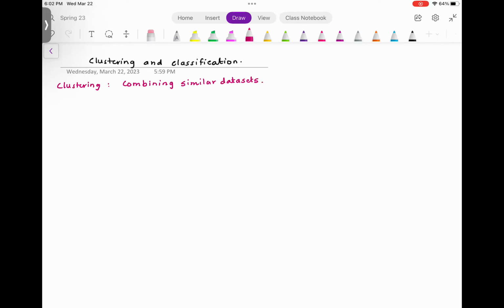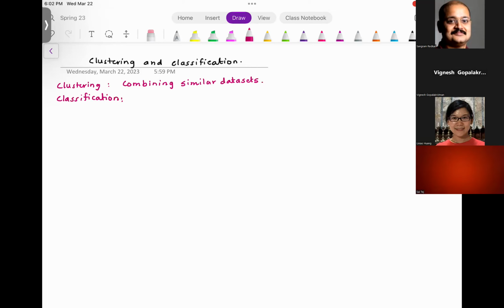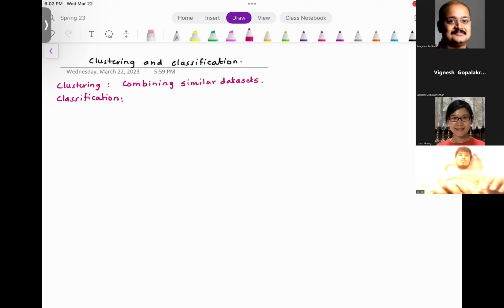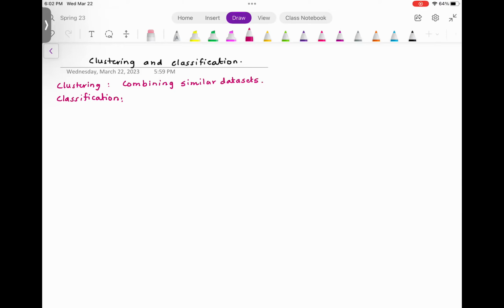And classification is basically separating these different data sets into different components. So it's like naming, like assigning data sets.